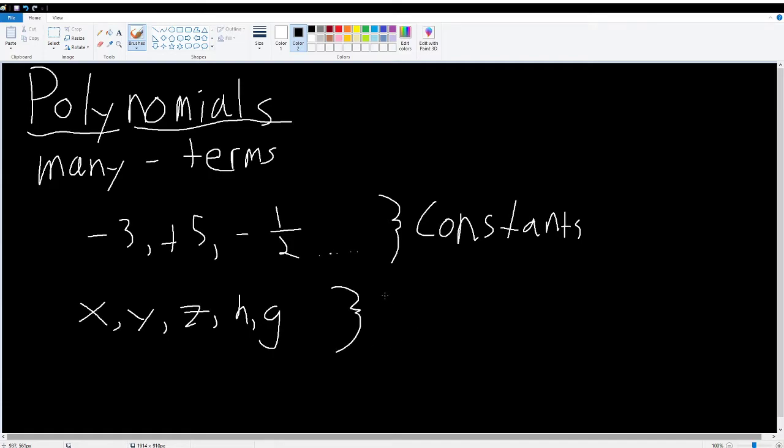These are variables. And what are variables? Variables are just letters that represent unknown quantities.